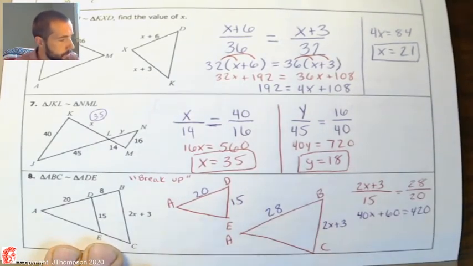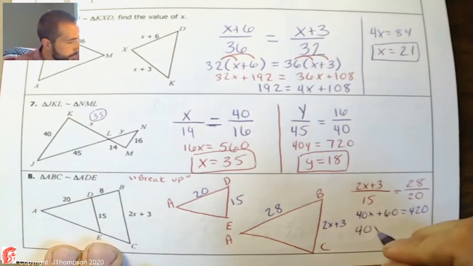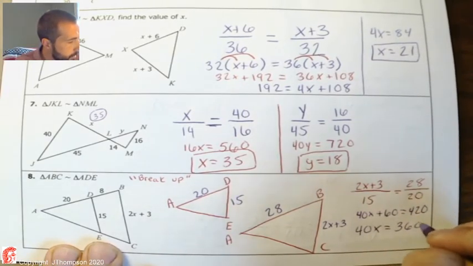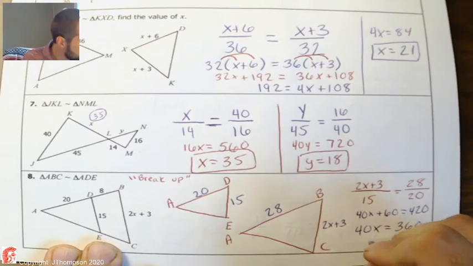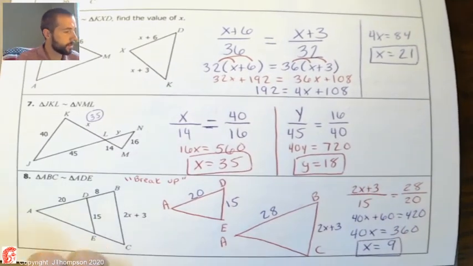Solve this equation by subtracting 60, and you get 40x equals 360, and then divide that by 40, and you get 9. So x is 9.